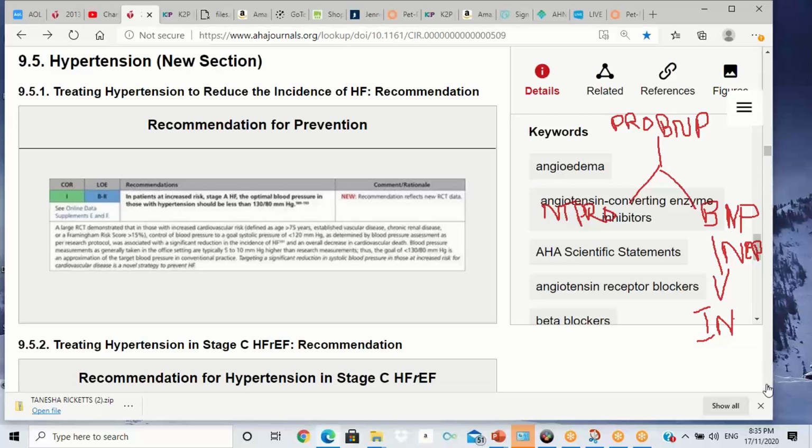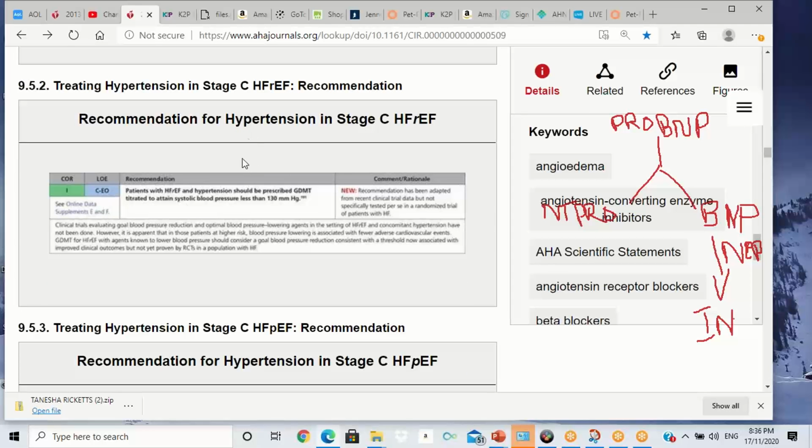Now for blood pressure, we did hypertension guidelines. Remember the two numbers you need to know, 130/80, 140/90. For heart failure, you have to be aggressive, so you need to treat the blood pressure to less than 130/80.